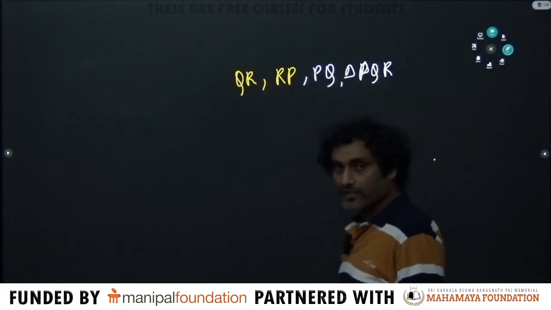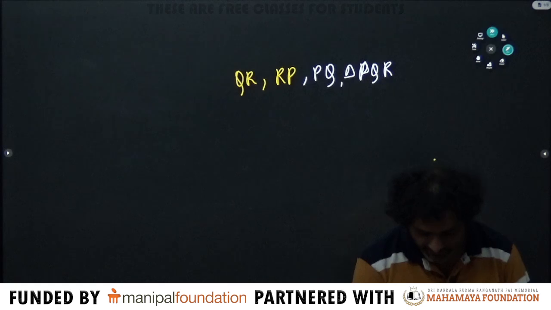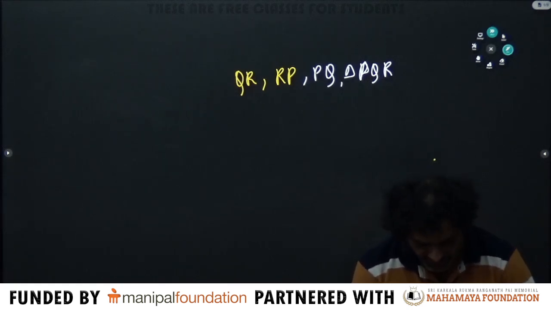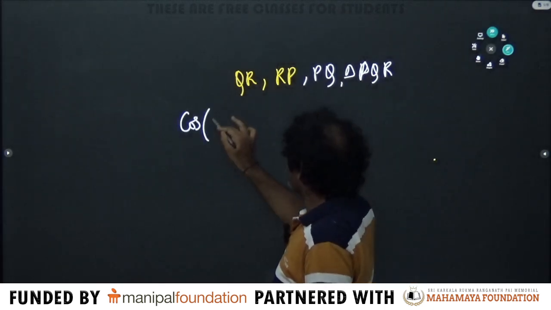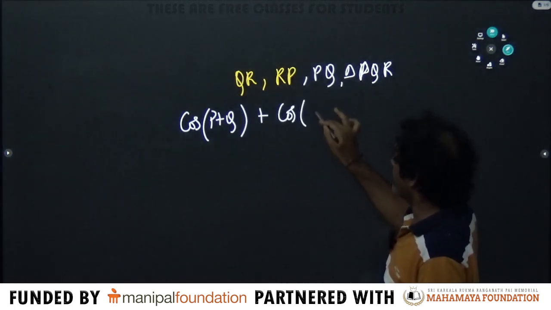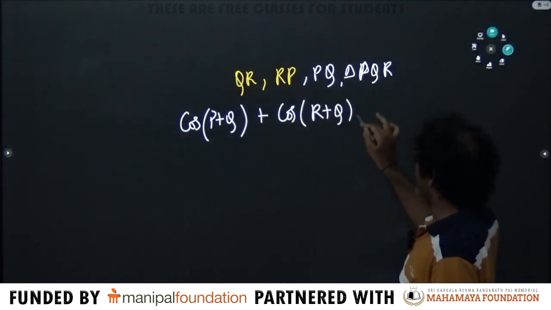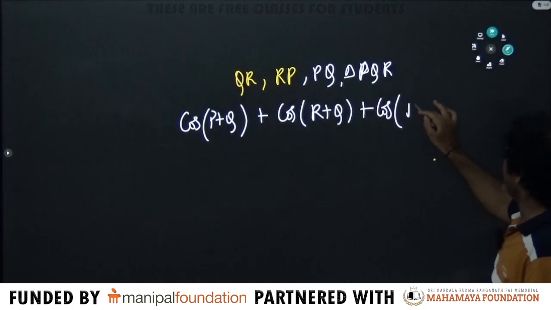Under triangle PQR, we know the total angle will be 180 degrees, correct? So what they want is cos of P plus Q plus cos of R plus Q plus cos of who's missing, P plus R.